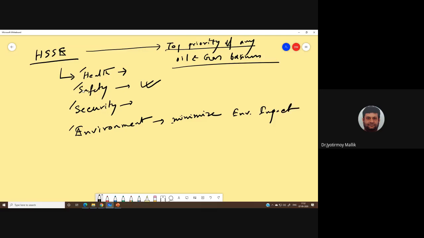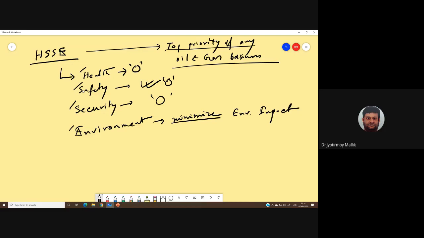Minimize environmental impact. But for the other ones, you take zero health risk, zero safety risk, and zero security risk.